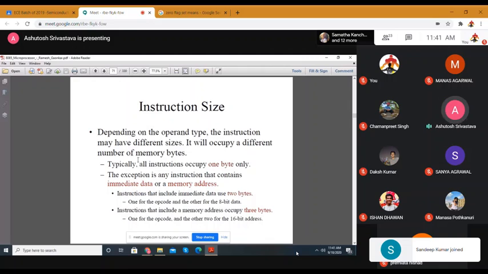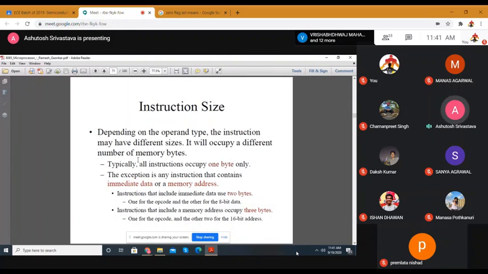So we have already talked about the instruction size. The most important parameter when we are talking about instruction size is that this is an 8-bit microprocessor. So typically all the instructions occupy 8 bits or 1 byte only. The only exception to this is any instruction that contains immediate data or a memory address, which is beyond this 8-bit.